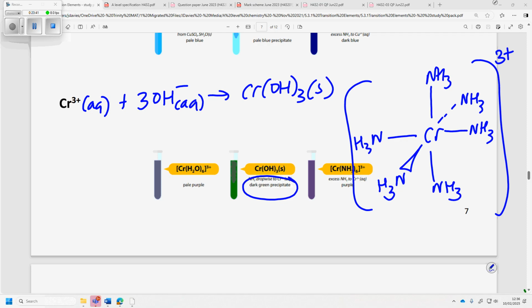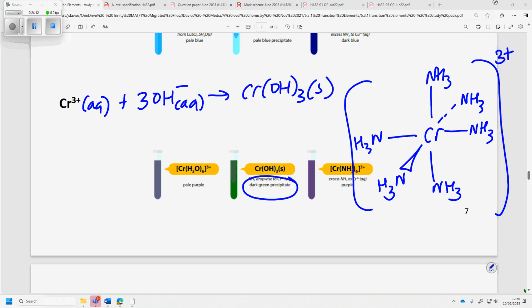So here we've got chromium surrounded by 6 ammonias. When we added excess hydroxide, the chromium is surrounded by 6 hydroxides. So it doesn't matter what the ligand is, they're always 6 identical ligands. That wasn't true for the copper ammonia complex. The copper ammonia complex is probably the most complicated transition metal complex that you're going to have to memorize.